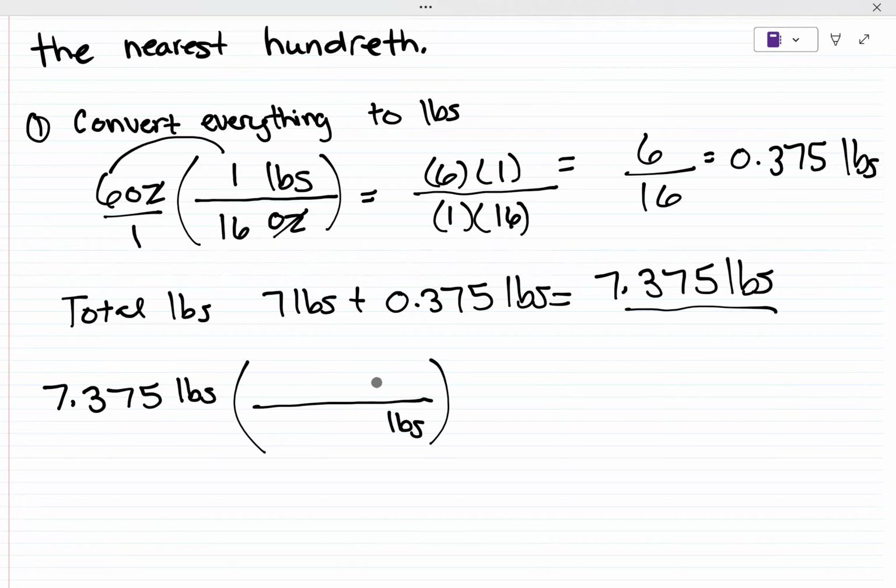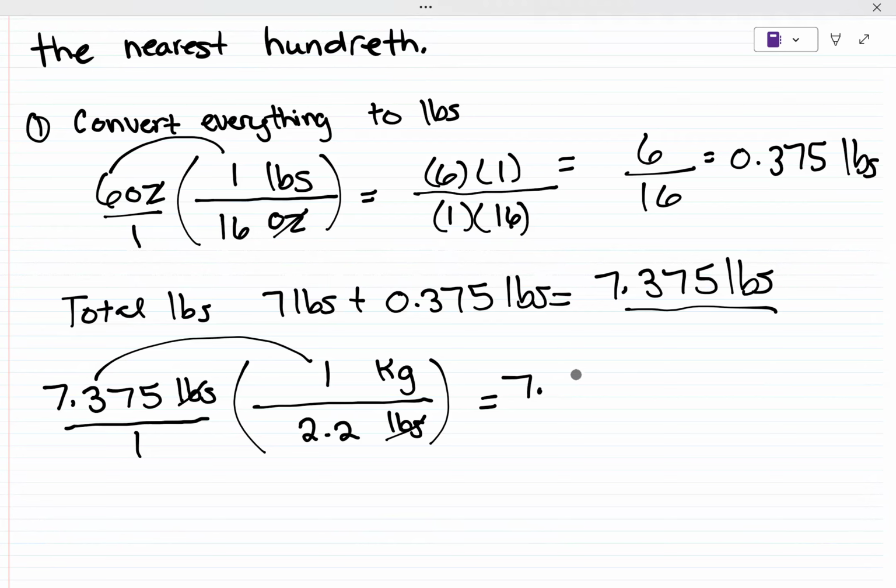What is the relationship between kilograms and pounds? You know that for 1 kilogram, there's 2.2 pounds. A little invisible one, and as you can see, the lbs disappear and then you just multiply across. So 1 times 7.375 is 7.375, and on the bottom, 1 times 2.2 is 2.2.